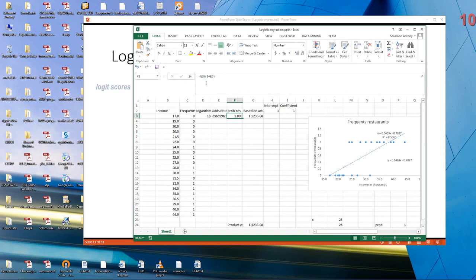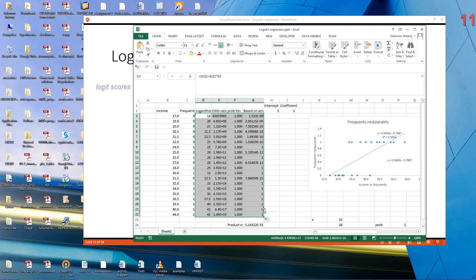Then from this value, I compute the probability. So odds ratio over 1 plus odds ratio gives me the probability. And if the actual value is 0, then I take 1 minus this probability. Otherwise, I use the value itself. Now this is called the log likelihood value, and I have to calculate all this for all the observations. This is what it ends up to be.